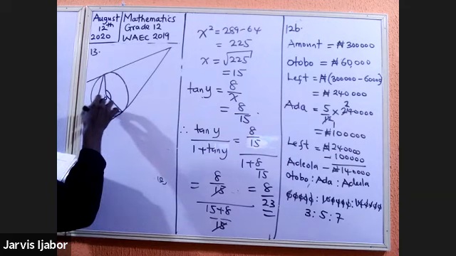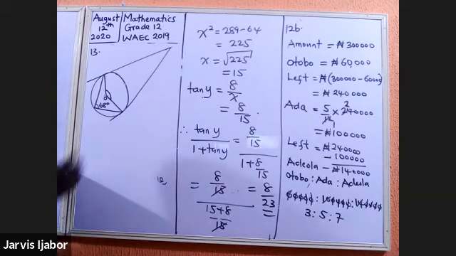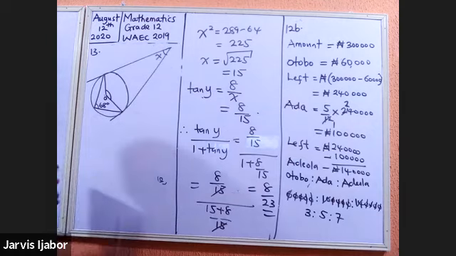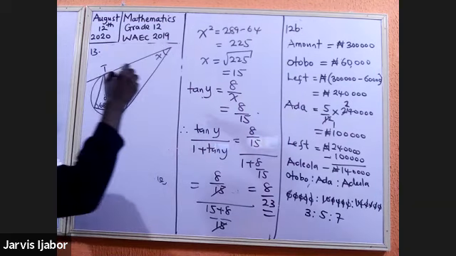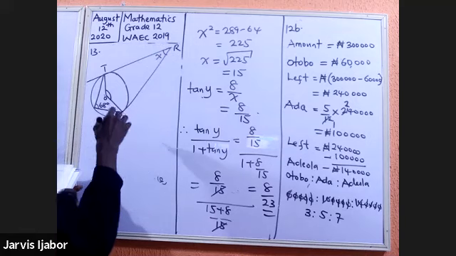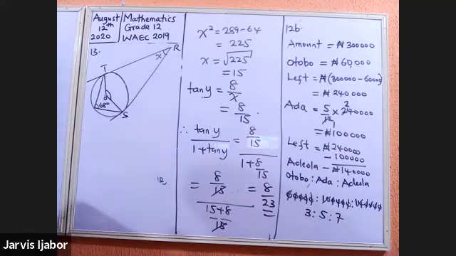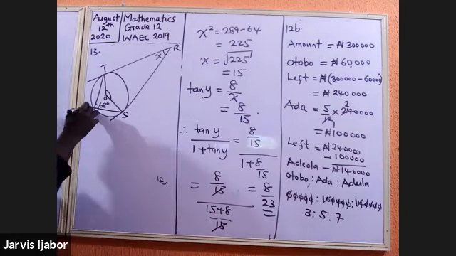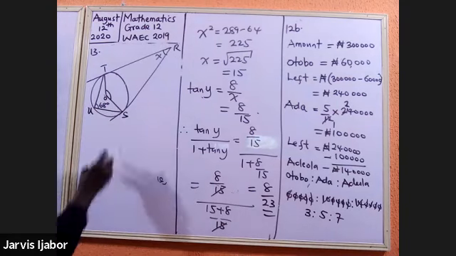This is 68 degrees, and this is x. This is t, this is r, this is s. You are told to look for this angle theta, this is u.